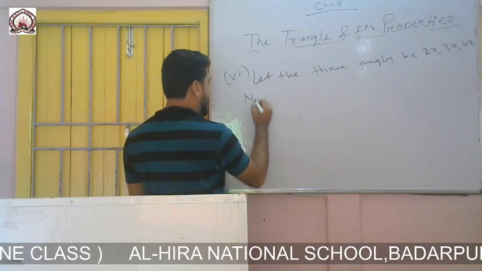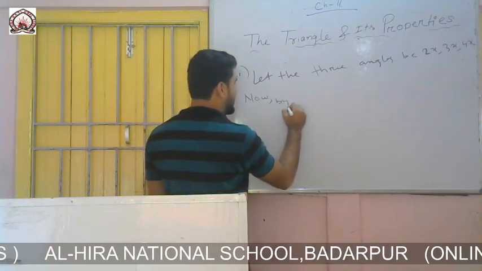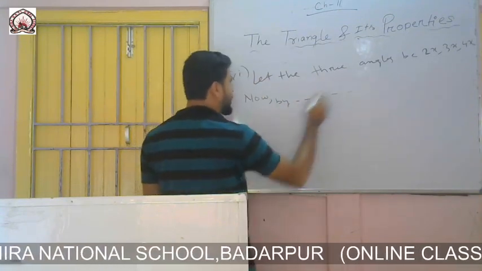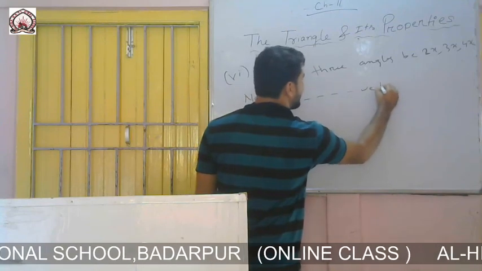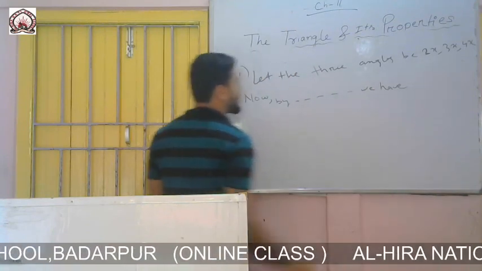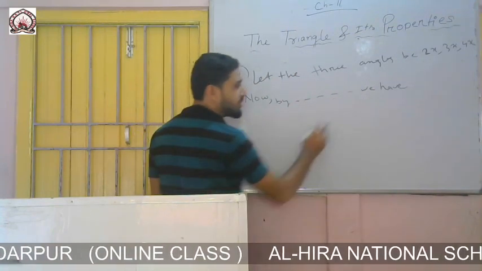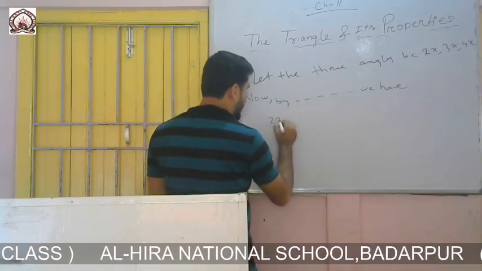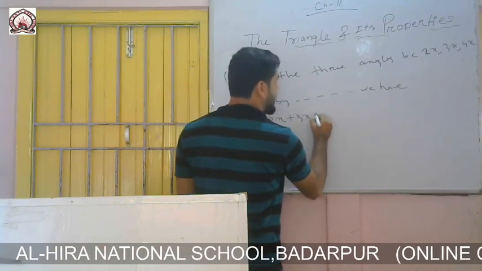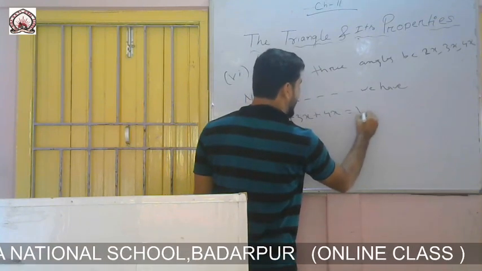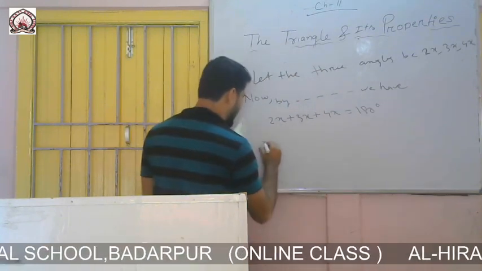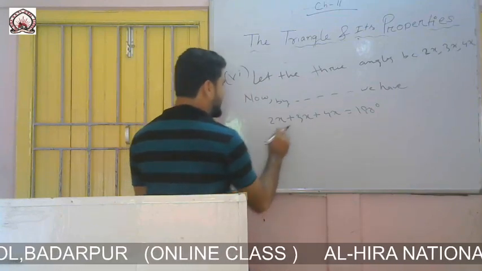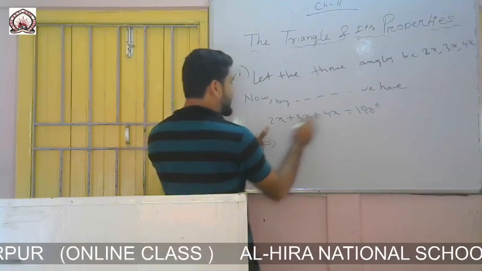Now write, now by angle sum property we have, twice x plus thrice x plus 4x equals to what? 180 degree. So I can write 3 plus 2, 5, 5 plus 4, 9.